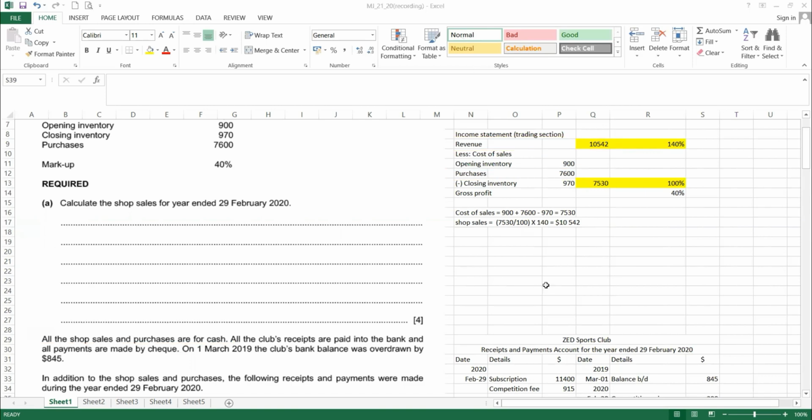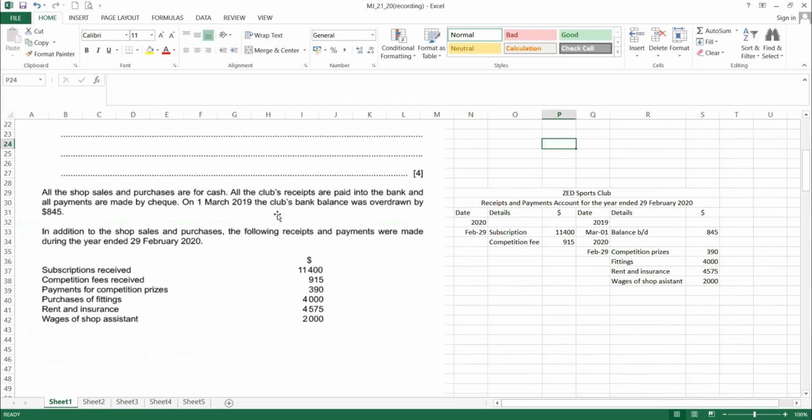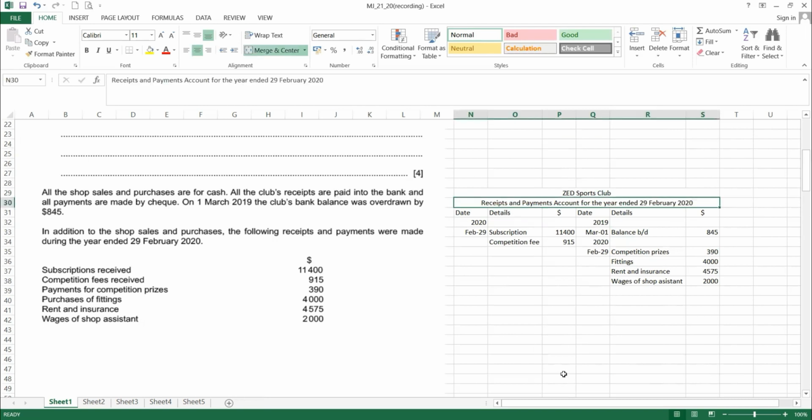Why, in here, is the question saying that first, all the club receipts are paid into the bank, and all payments are made by check, but here they put cash? Here they say bank, because a receipt and payment account is cash and bank, so both are put in together.